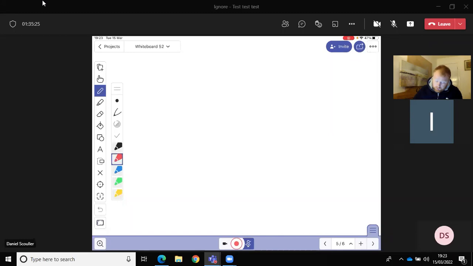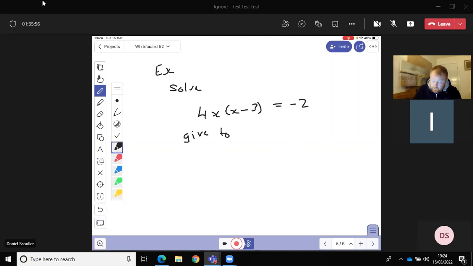Okay, so I'll just go through one more example. Same sort of setup, solve. But it could give you an equation which isn't fully expanded. So it gives you something along the lines of this and says solve that to 3 significant figures.